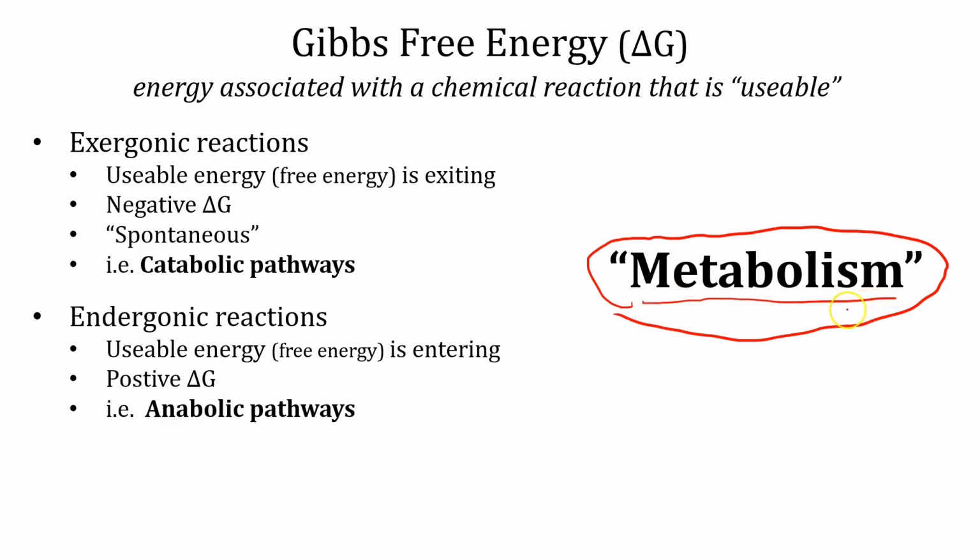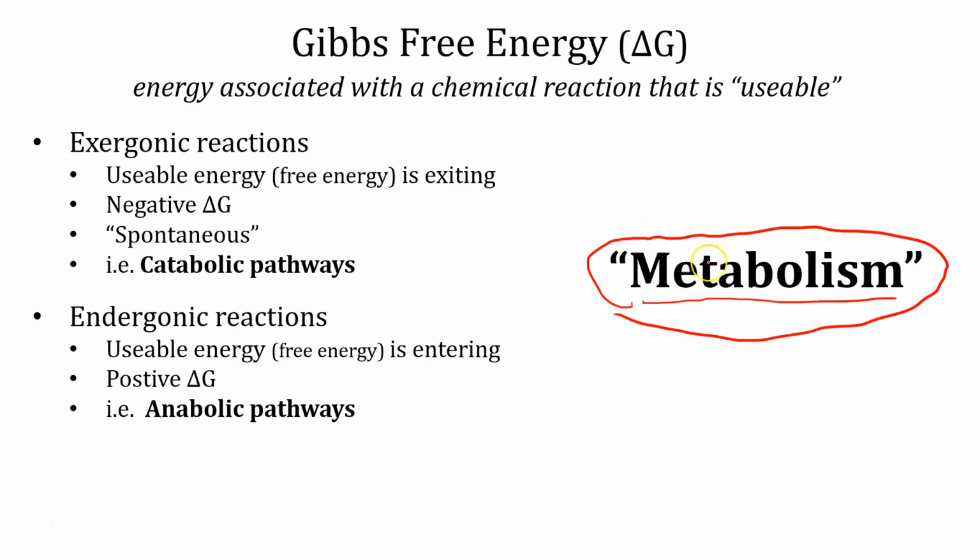It refers to all of the chemical reactions going on in the cell. Some people have a high metabolism, meaning they burn lots of energy, so they have lots of need for energy to be put into the system because they burn it really fast. Other people have a slower metabolism, meaning that they don't need to consume as much energy because their body won't use it as fast.